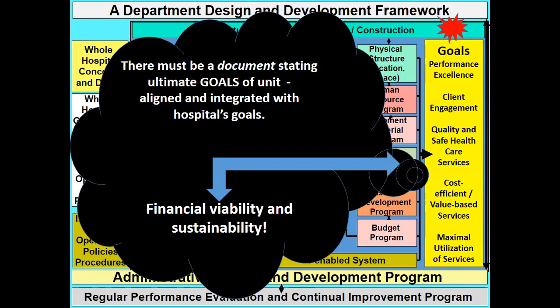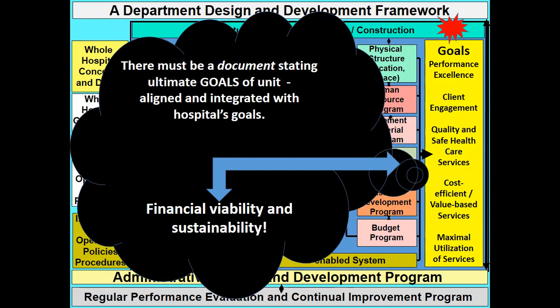Goals. Let's now go to the throughput, the output. Okay. Initially, I was talking about the input. Later on, I will talk about the throughput. Then here is the output, the goals. So there must be a document stating the ultimate goals, which must be aligned and integrated with the goals of the hospital. Okay. The department's goals should be aligned with the hospital's goal.